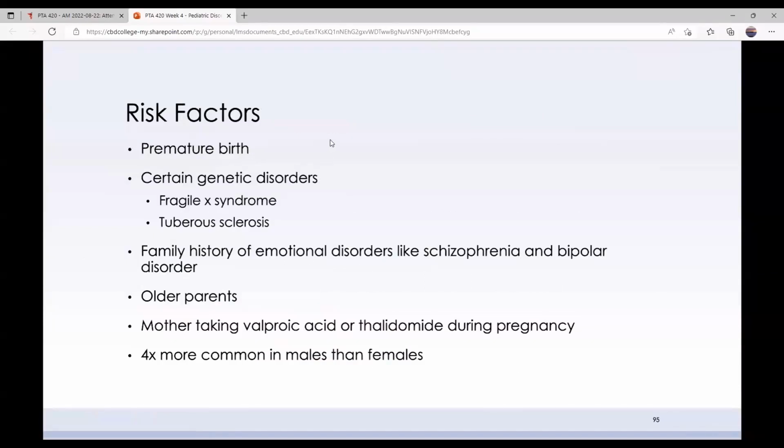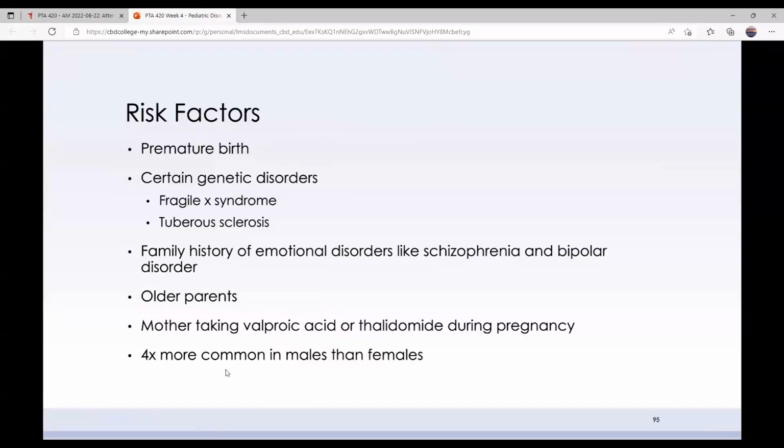Now, risk factors, it's still up in the air. A lot of people say vaccinations. That has been proven not to be the case, but there's still some people who fight that is the case. Premature births can contribute to it. I've seen another study that was published, the closer you live to a freeway or a highway can increase your risk.